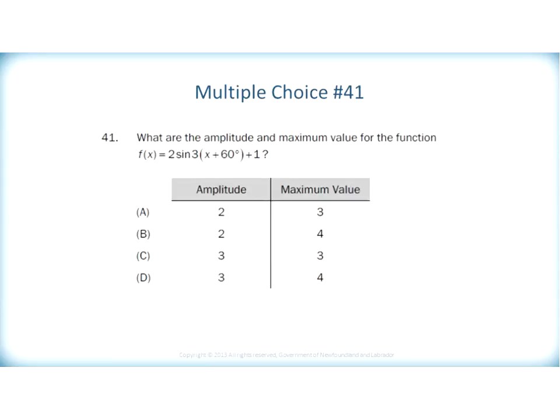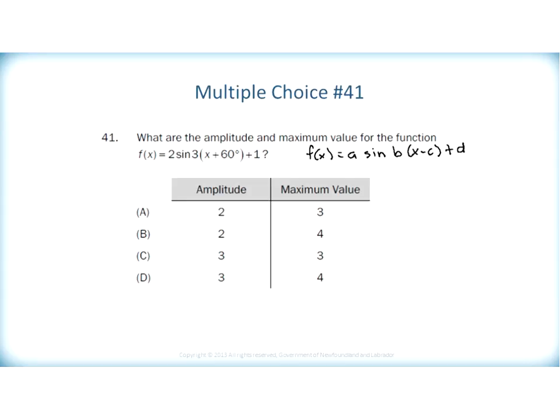So if we're looking at multiple choice number 41, what is the amplitude and maximum value for each function? And we're looking at the equation. An equation of a sinusoidal function would be f of x or y equals a sine b x subtract c plus d.